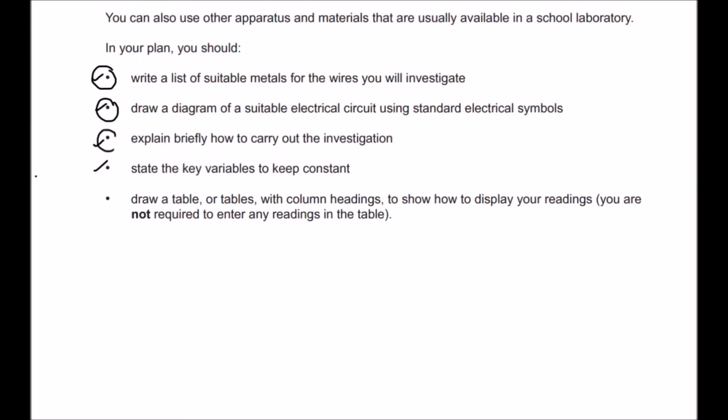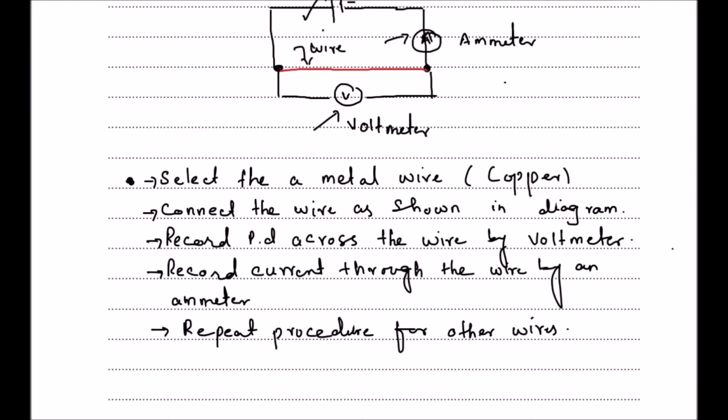In part 3, explain briefly how to carry out the investigation. In this part, you will explain how you are going to perform the task. You will show all the steps one by one. So these are the steps you will follow to investigate the resistance of a metal wire. Number 1, select the metal wire, copper.